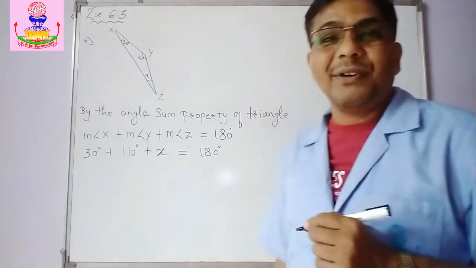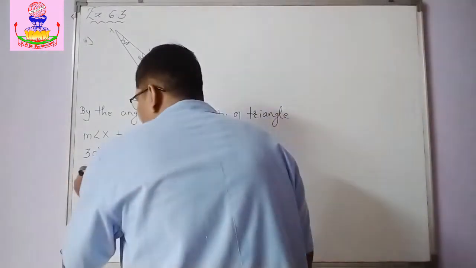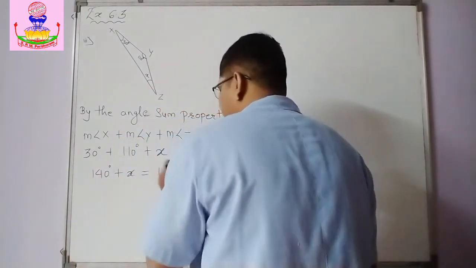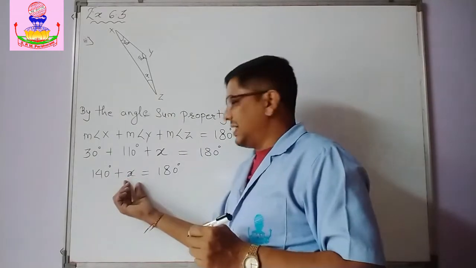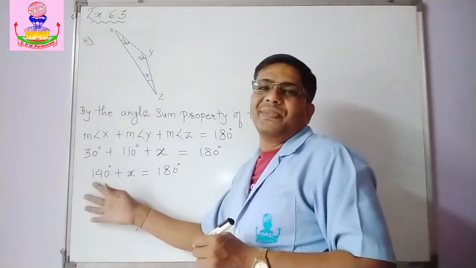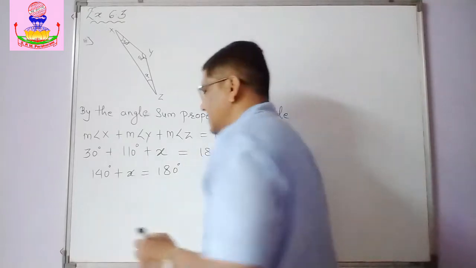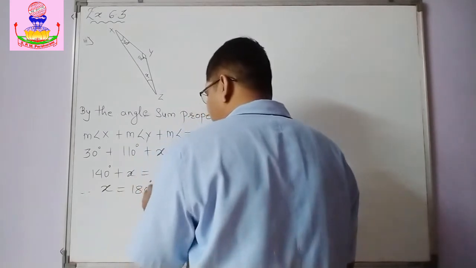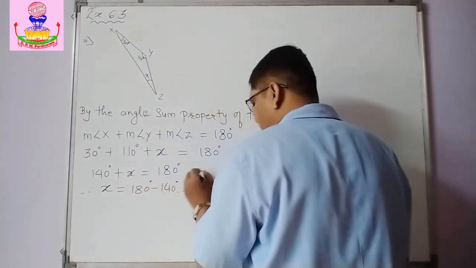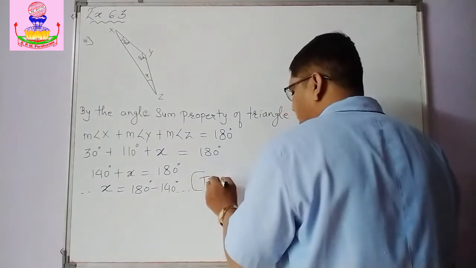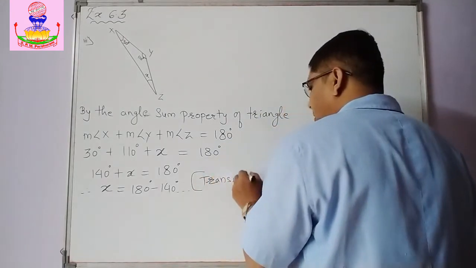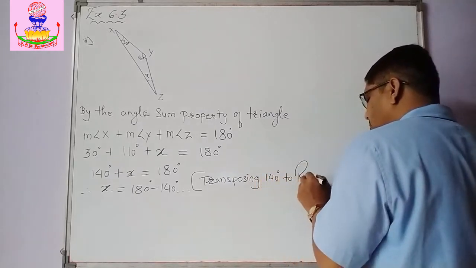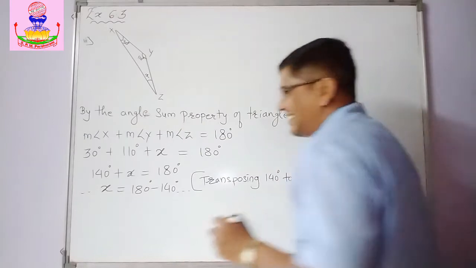Now 30 plus 110, how much? Exactly 140 degrees plus x, that is equal to 180 degrees. Now I want to find the value of x, so I don't want this plus 140. So bring this to this side, so it becomes minus. Therefore x is equal to 180 degrees minus 140 degrees. So what you did, transposing 140 degrees to RHS, right?